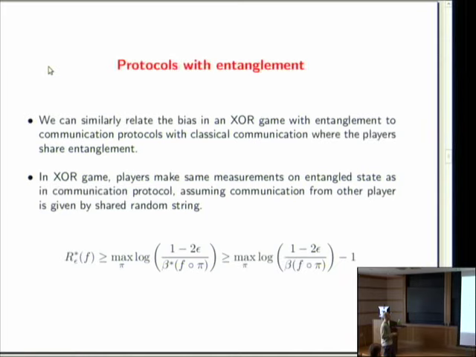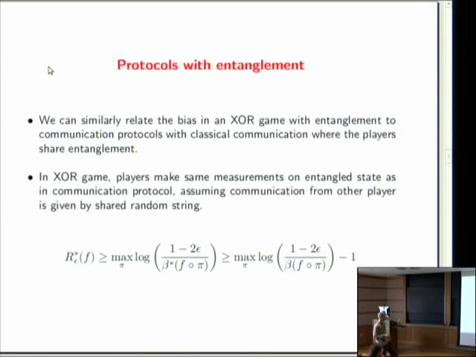The proof is exactly the same. The players just do exactly what they would do in the communication protocol and check if what they would send agrees with this shared random string. Here I'm talking about protocols with entanglement, but where they still send classical bits. So they still interpret this shared random string as the transcript of the communication.